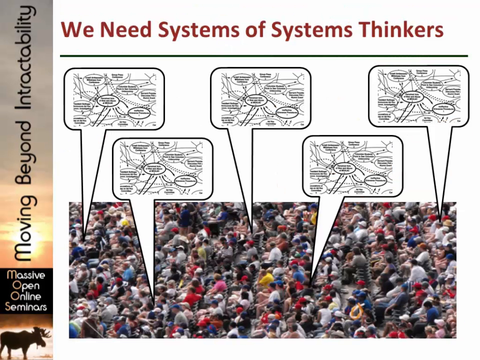And one of the things that we might want is systems of systems thinkers. So if we can get individuals in these large-scale social systems, certainly individuals in prominent roles, to start thinking in more systemic terms, we're likely to be a lot better off.